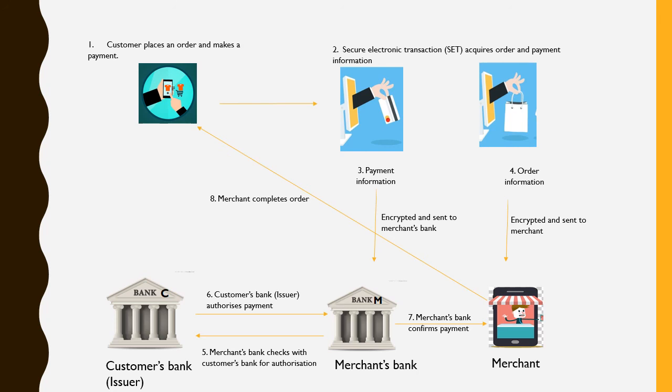And this entire process that we are looking at, be it information dealt with on the web server, message level information, or the financial information that is passed on, all of this is secured through what we call SET, or Secure Electronic Transaction.